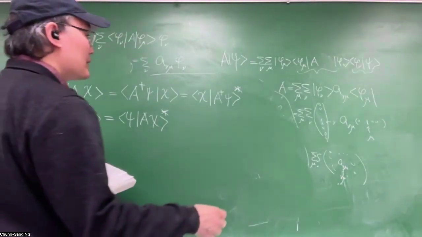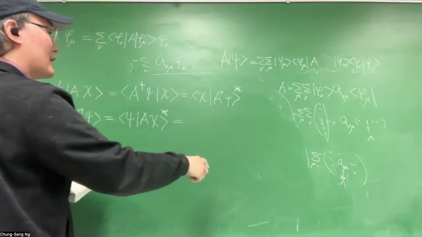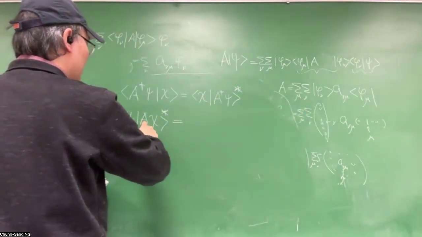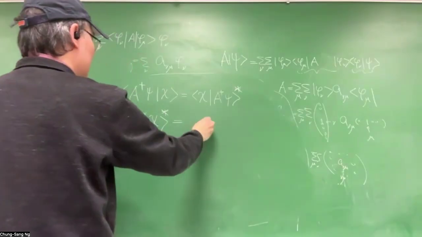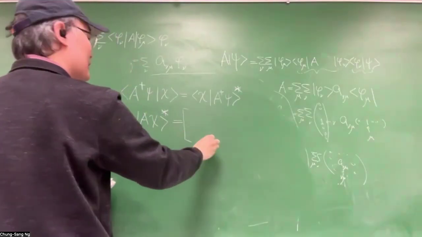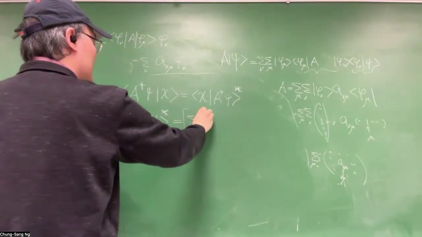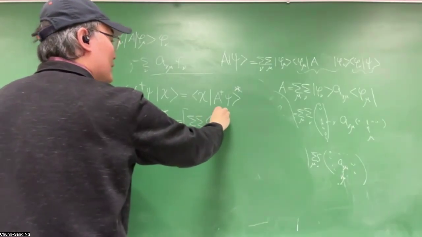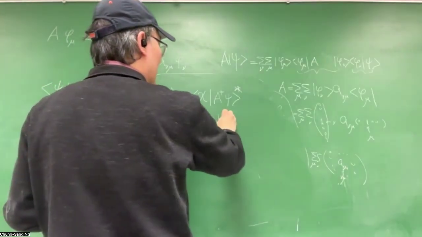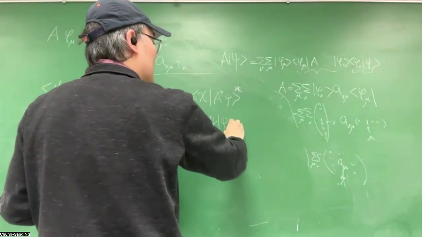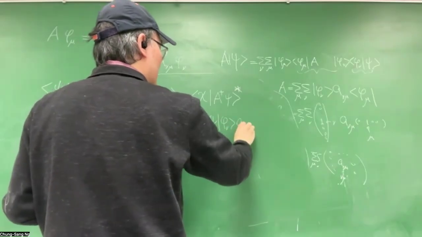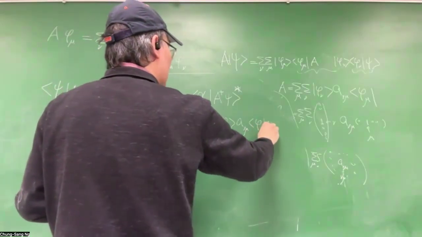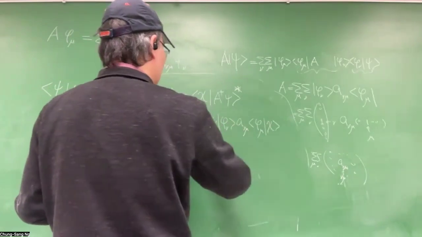So now you can use the Dirac trick with this one. You have A given by this expansion, so we need to take a complex conjugate later, summing over mu and nu: psi, then the matrix element of A, then chi.